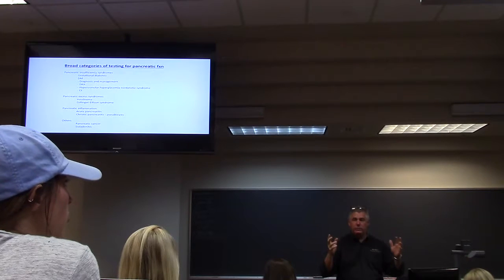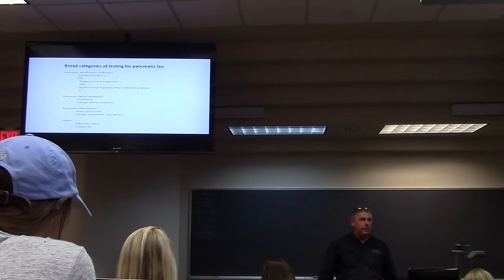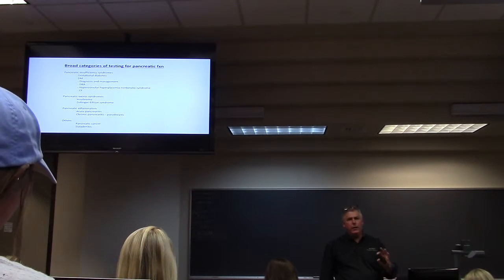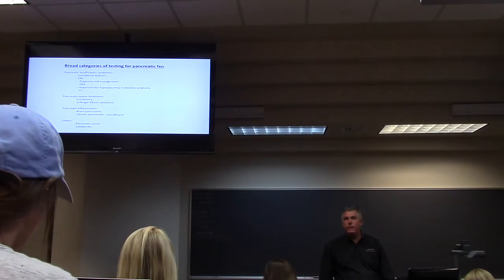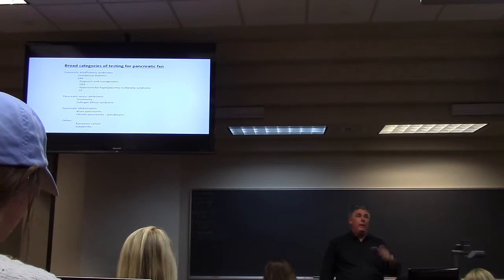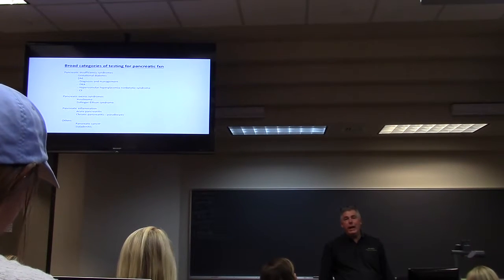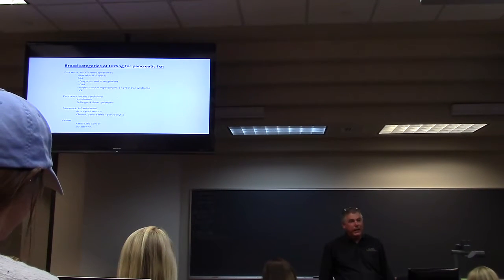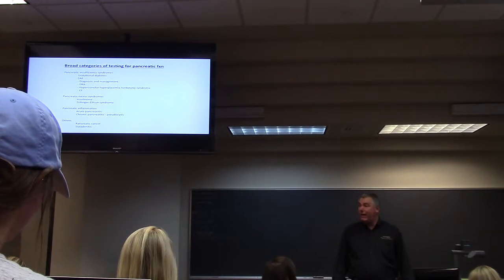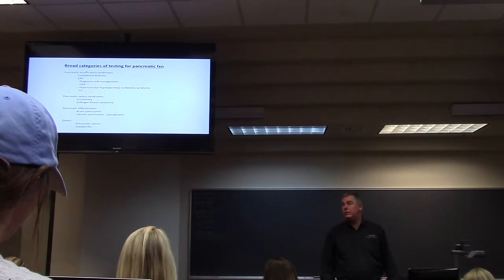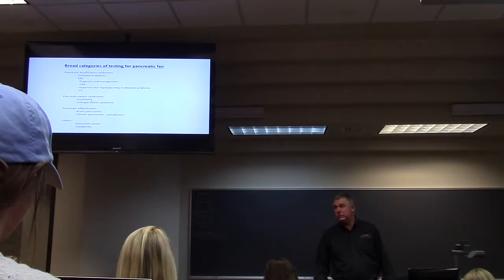Okay, there's a couple of other percent that's due to other things, but that's roughly it. And then others, pancreatic cancer and sialadenitis, which is an inflammatory process of infection. It could be autoimmune disease of the salivary glands.